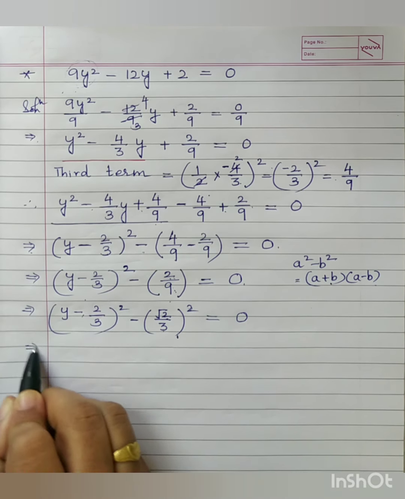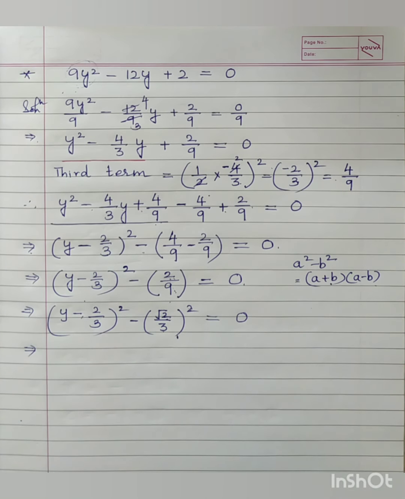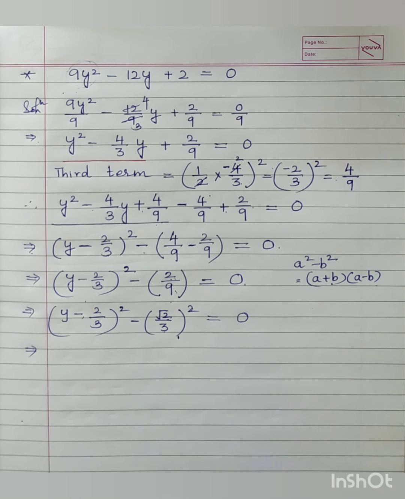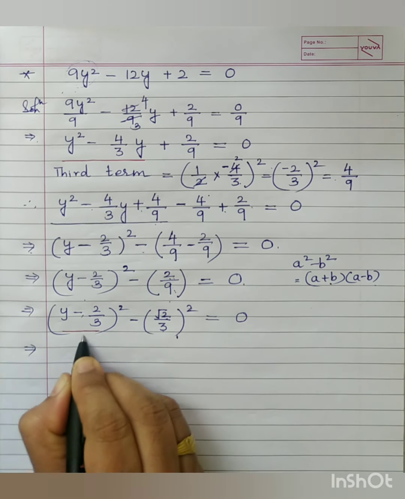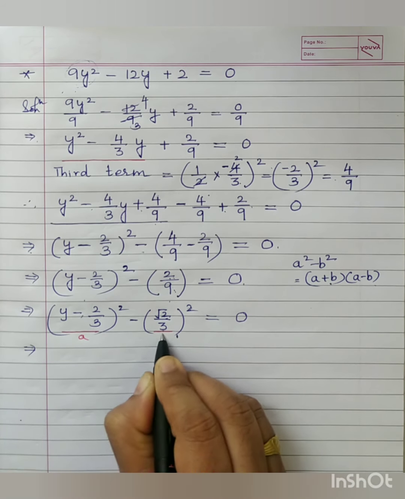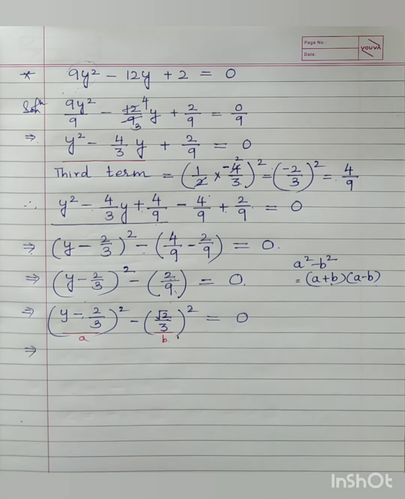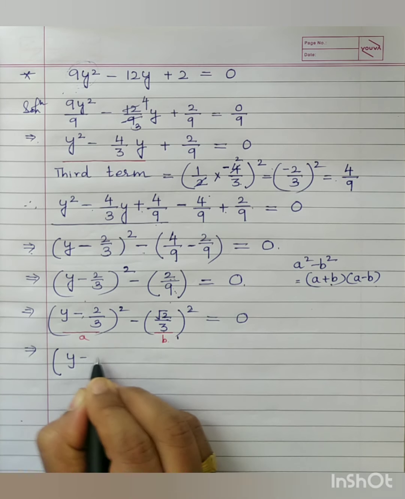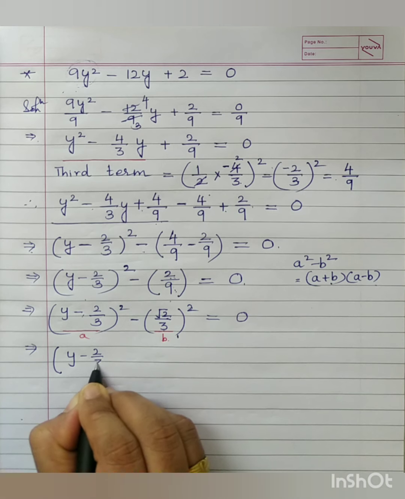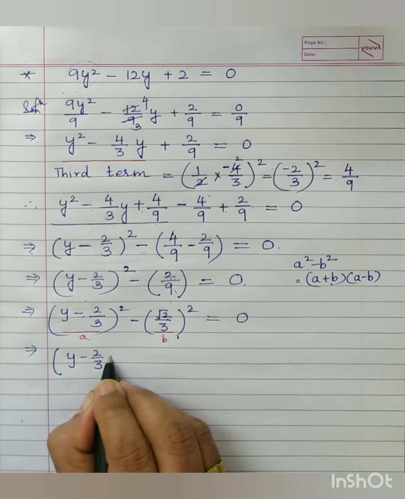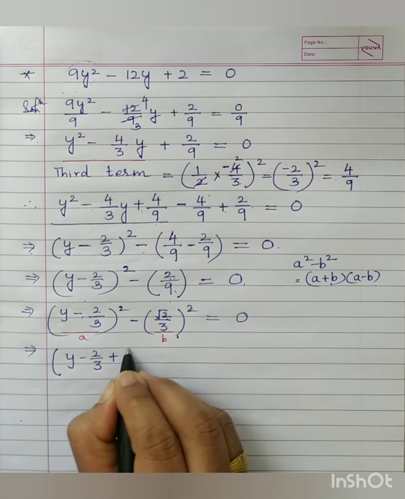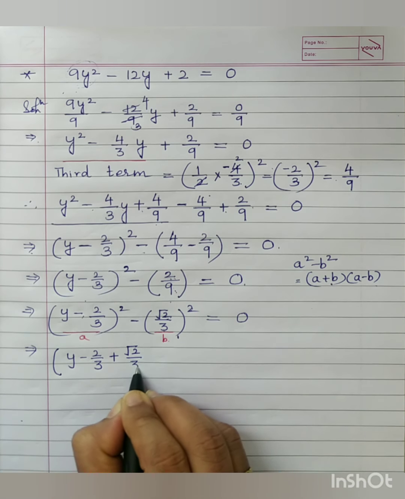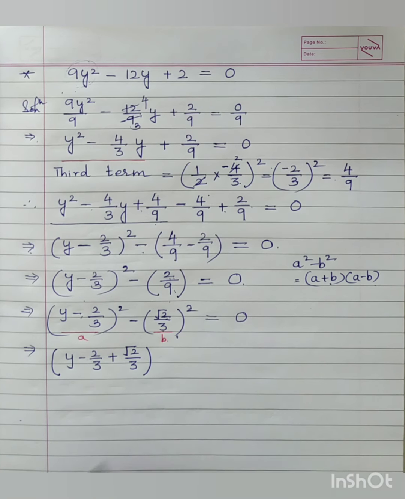And now use the formula a square minus b square, that will give you a plus b times a minus b. What is our a here? This full expression is a, and root 2 upon 3 is b. So a plus b will be, in the bracket, y minus 2 upon 3 plus b, b is under root 2 upon 3, bracket close.